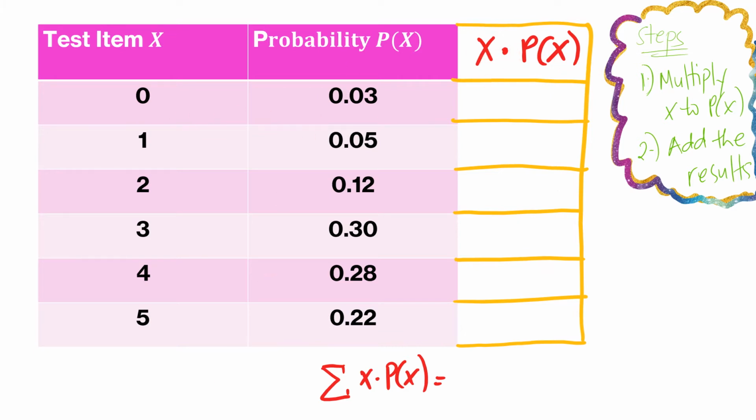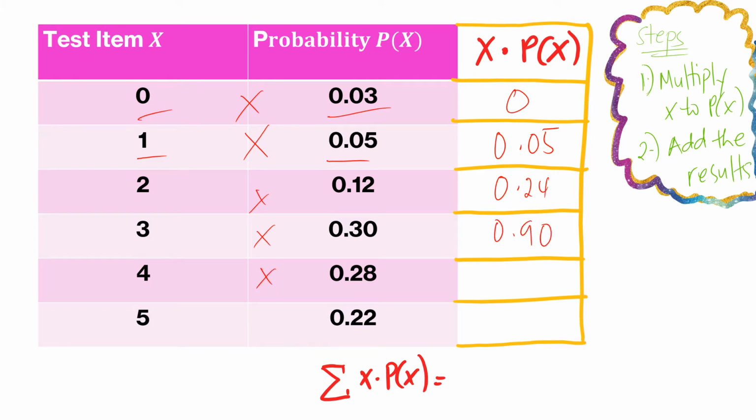And solving these, let's start solving. What is 0 times 0.03? So, obviously, that's 0. 1 times 0.05 is 0.05. 2 times 0.12 is 0.24. 3 times 0.30 is 0.90 or 0.9. 4 times 0.28 is 1.12. 5 times 0.22 is 1.1.